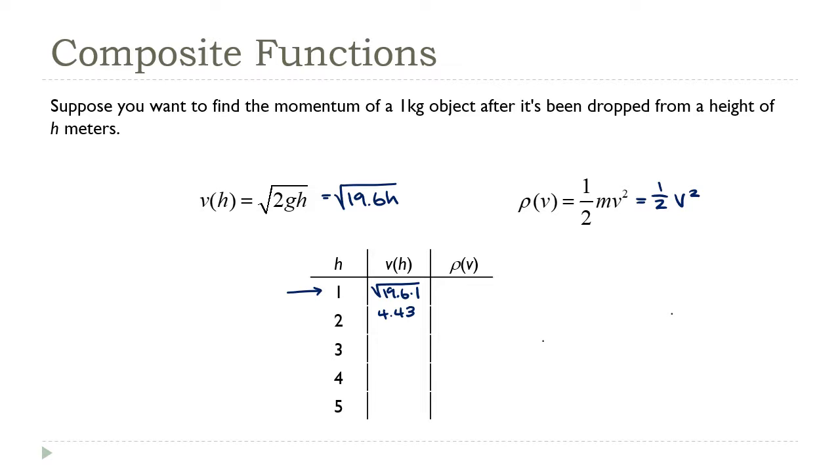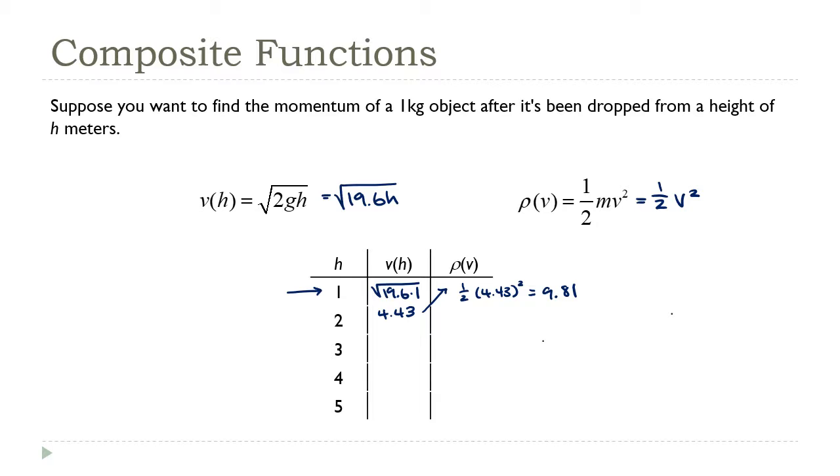And then I can take that number and put it into my momentum formula, and I get that the momentum is 1/2 times 4.43 squared, which is 9.81.